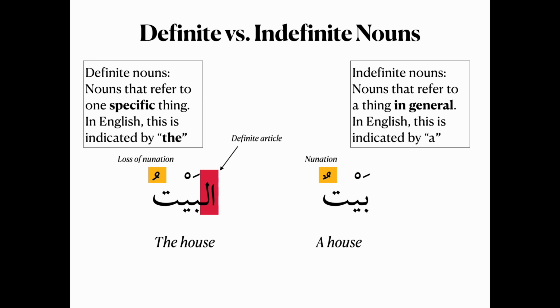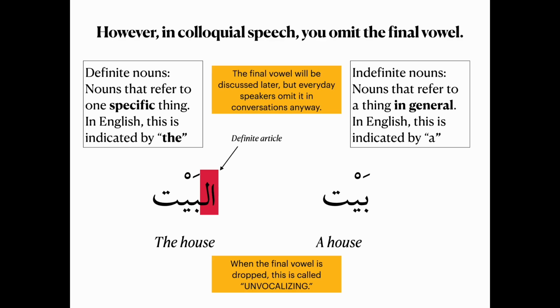But in classical Arabic or Quranic Arabic, you will see this final vowel u every time when it comes to nominative. Of course, we'll talk more about it later. And oftentimes you can omit this vowel in colloquial speech.